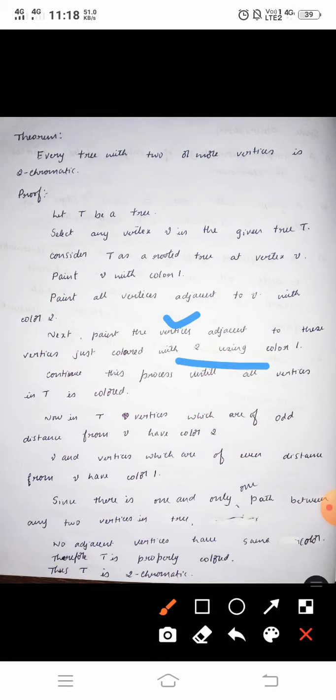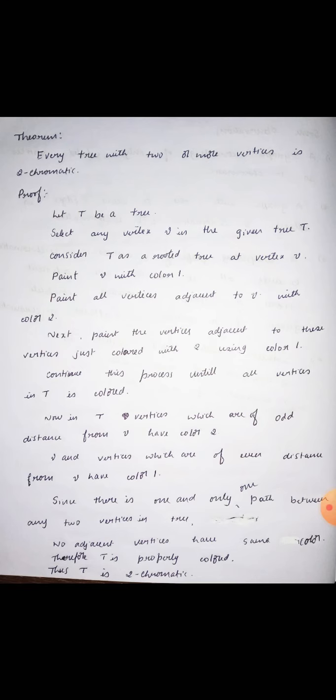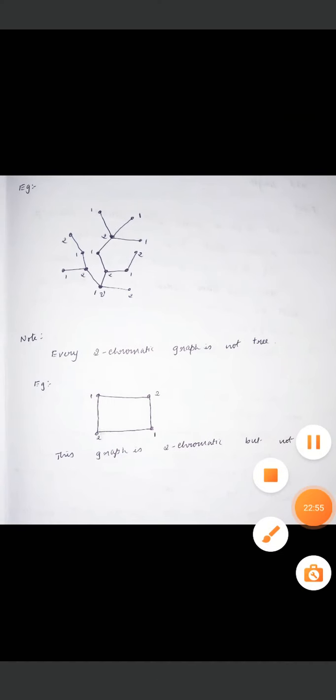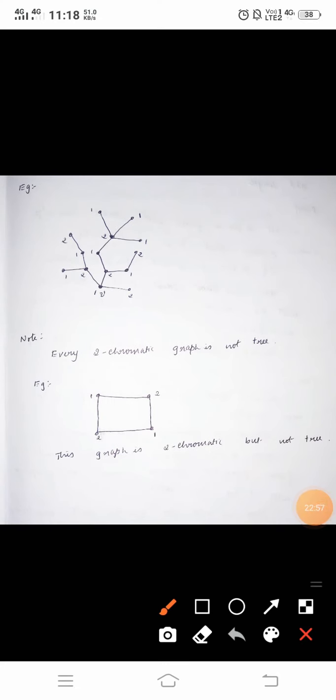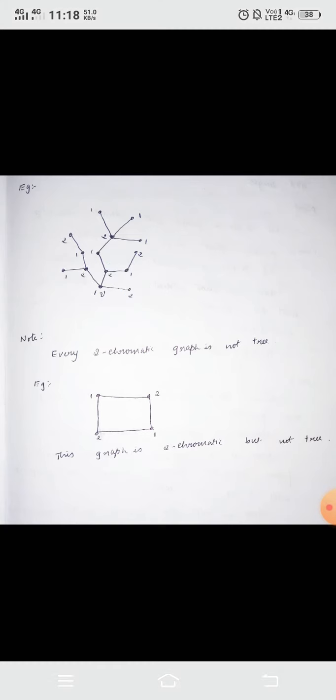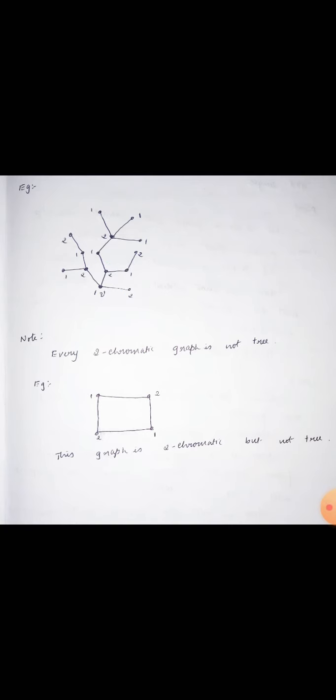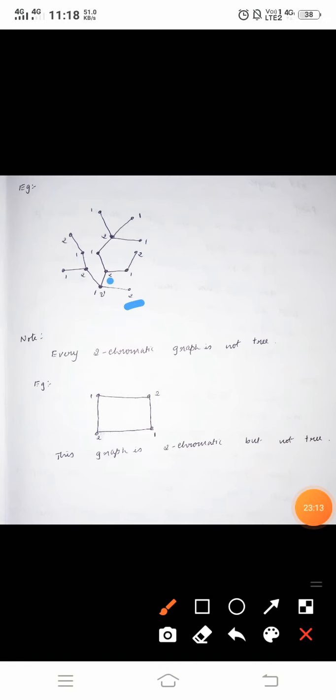You understand? See here, the vertices adjacent to these vertices I have colored with 2, we have to color with 1.